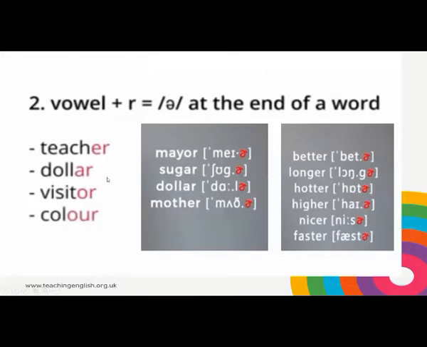So who can pronounce the first one? Teacher. Yes, so there is a schwa sound here, ER. The second one, who can pronounce that? Dollar. Okay, I want another one. Dollar. Okay. The third word.